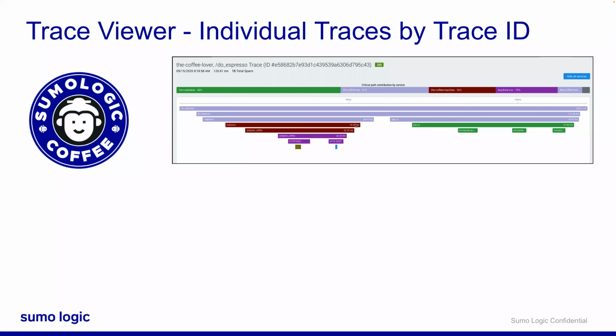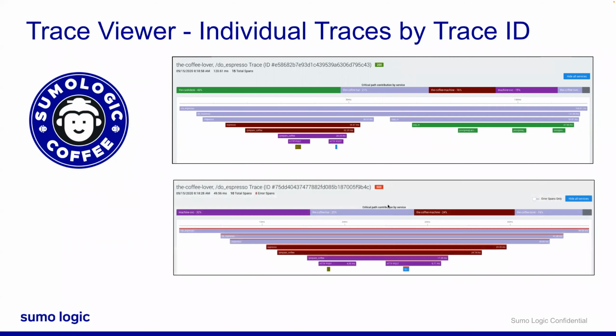On this screen I've looked at a good, or successful, order represented by a 200, meaning it's okay, that's the status code here. What I see when I see a good order is what it looks like right here. What I don't see is a lot of red. In a bad order, like this one at the bottom where it's a 503, I see a lot of red. Green good, red bad. Kind of oversimplifying it, but that's okay.